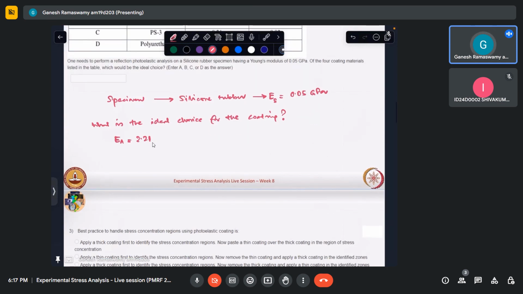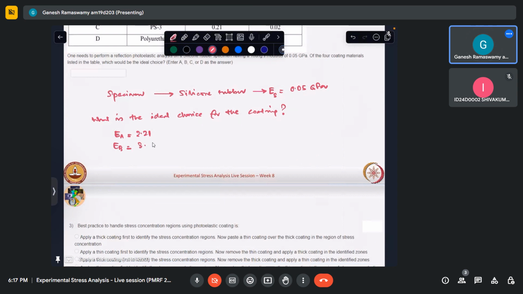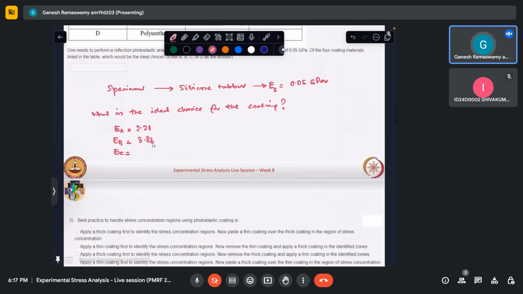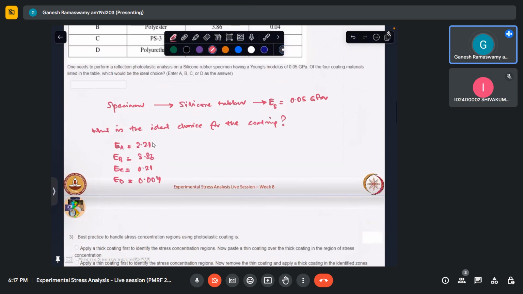And EB is 3.86. EC is 0.21 and ED is 0.004. Similarly, K has been given.